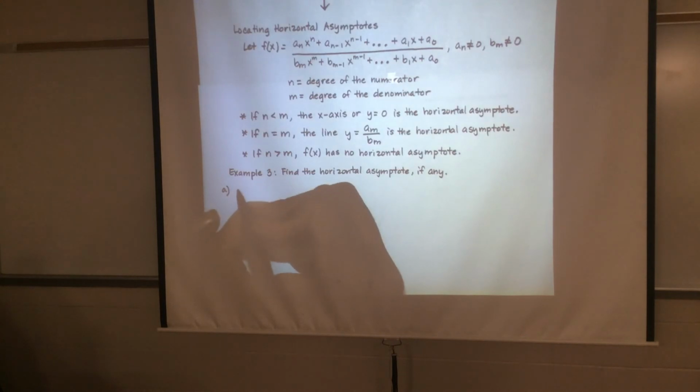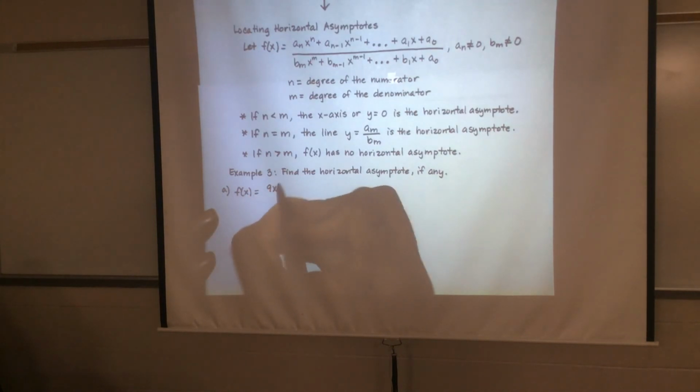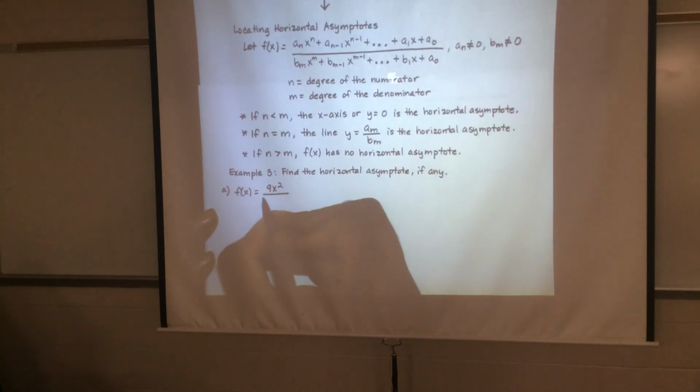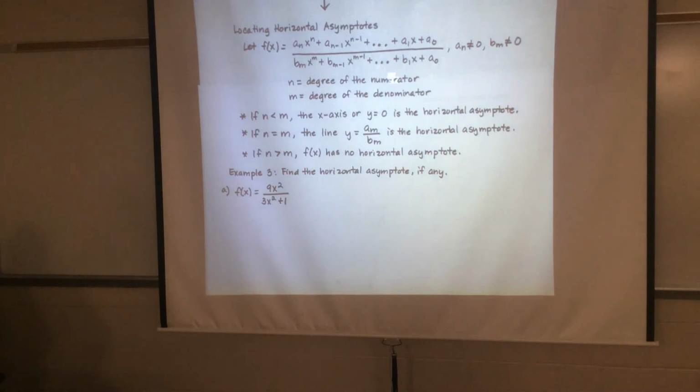So let's say we have f of x equal to 9x squared divided by 3x squared plus 1, and we want to find out what the horizontal asymptote is, if there is one.